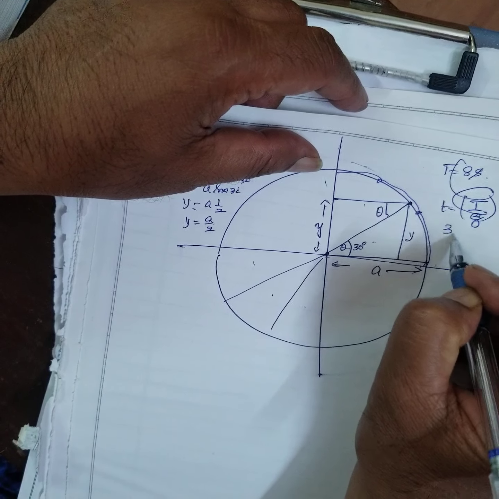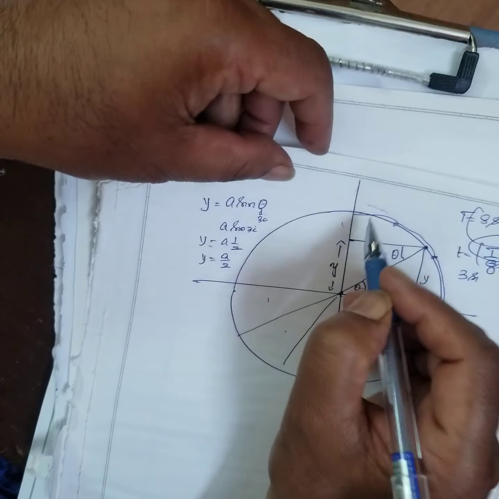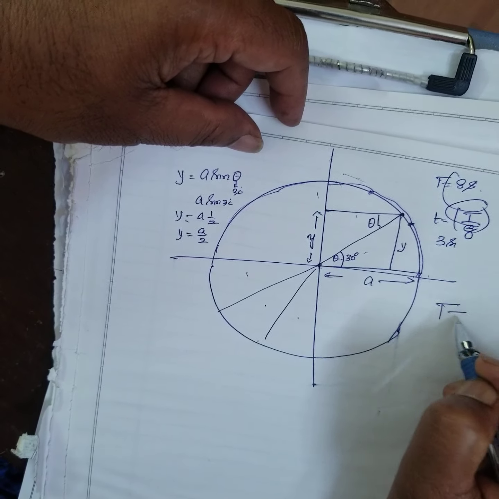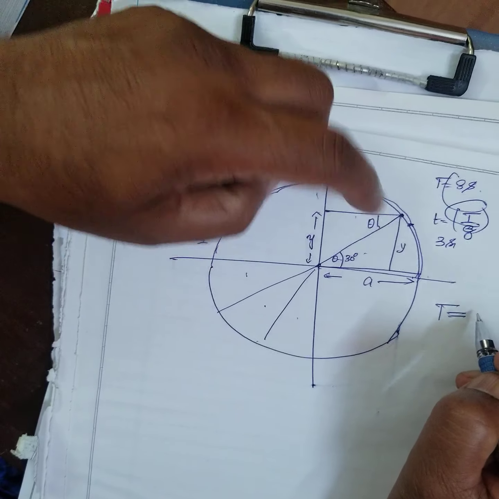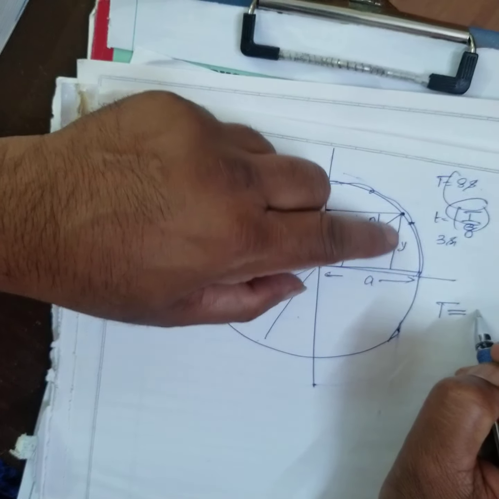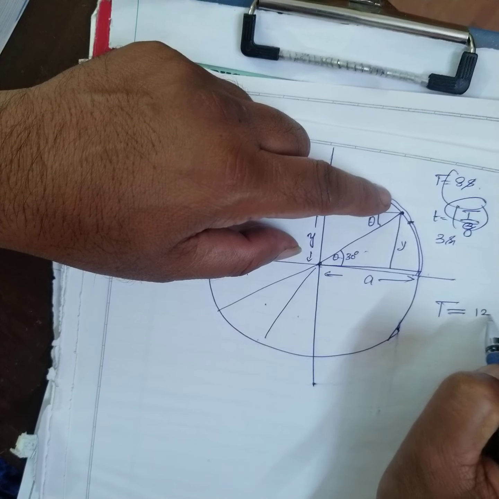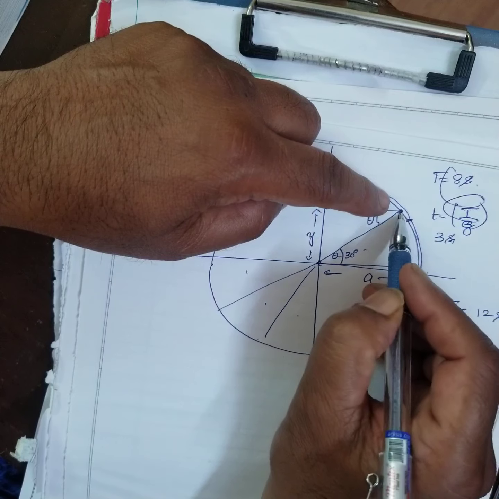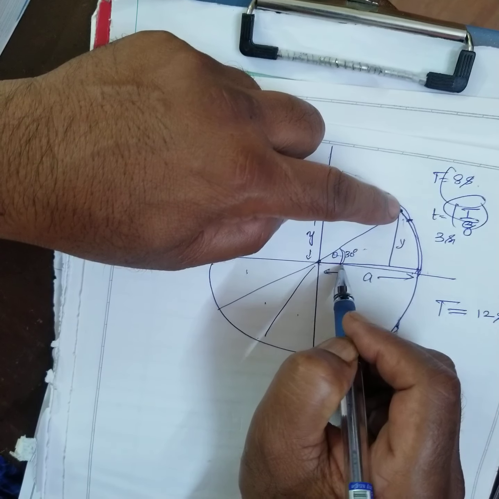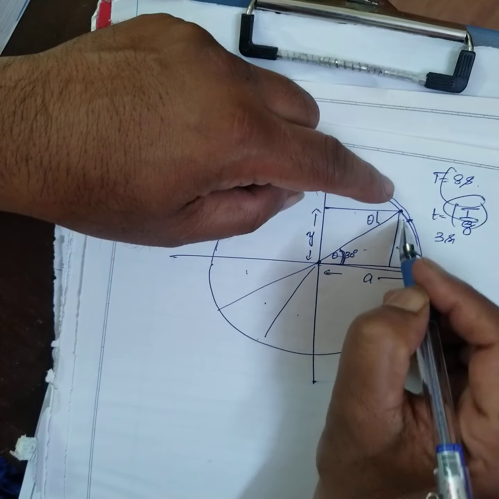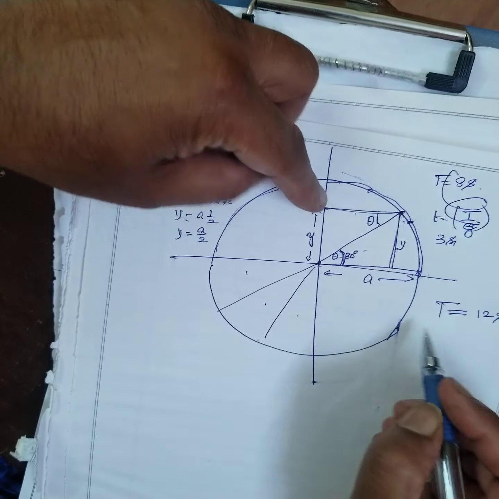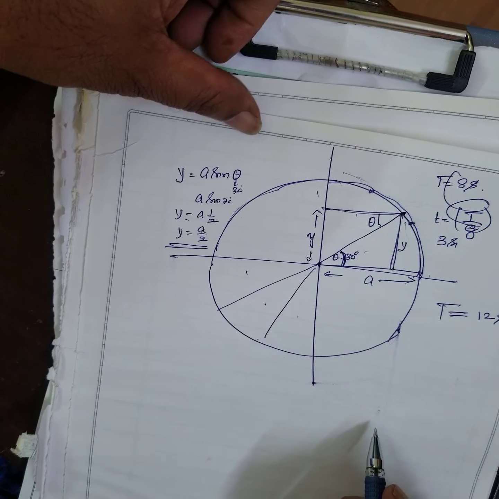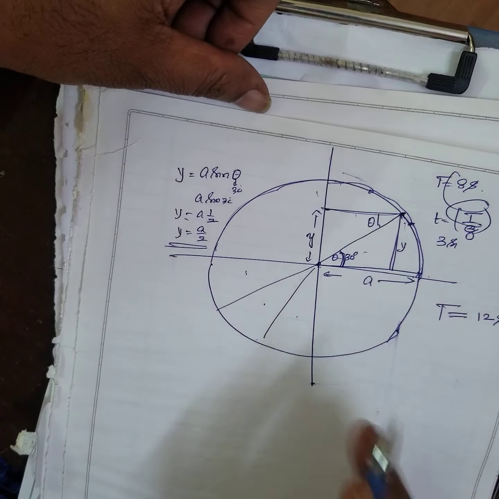That means 3 seconds to cover 90 degrees, another 3 seconds, another 3 seconds. What is the period now? 3 plus 3 plus 3 plus 3, how much? 12 seconds. Period is 12 seconds. In 1 second, the particle has come here, so what is the angle covered? Angle covered is 30 degrees. What is the height it reached here? Height you can say A by 2. Understood? A by 2.